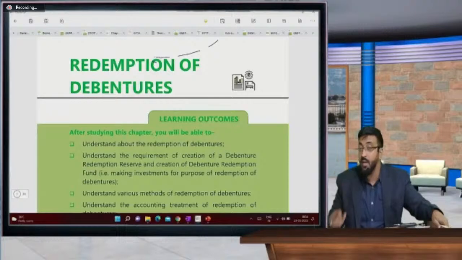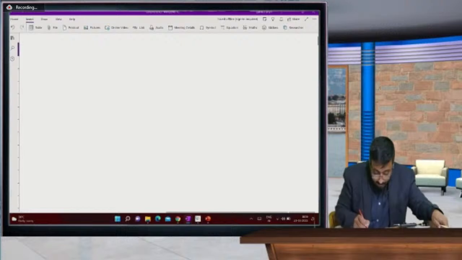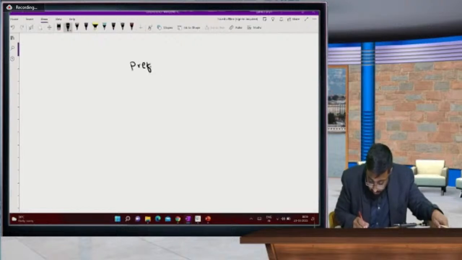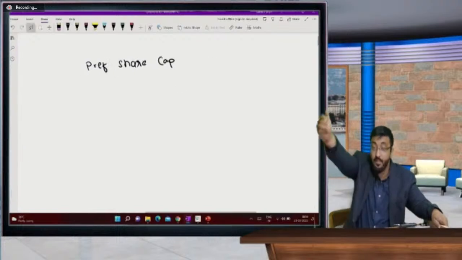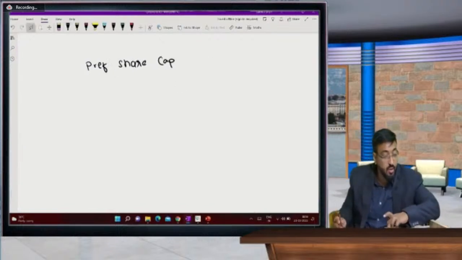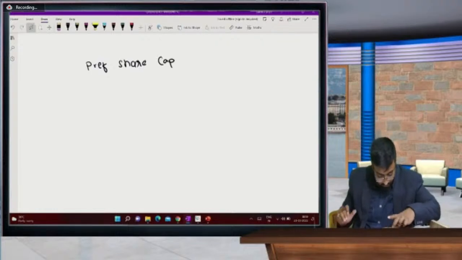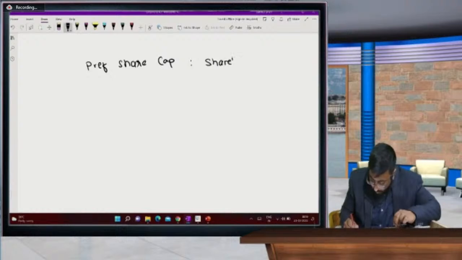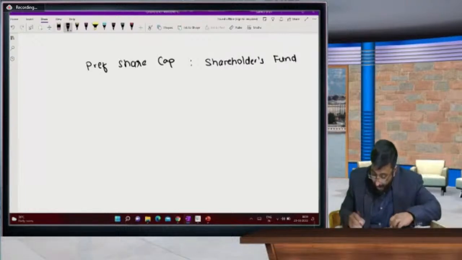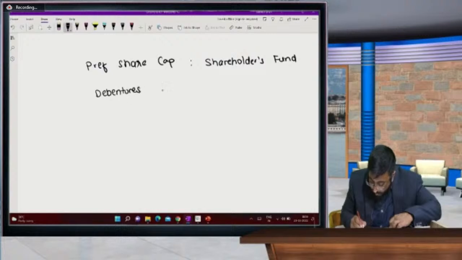Preference share capital is a part of shareholders' fund, and debentures are long-term borrowings.